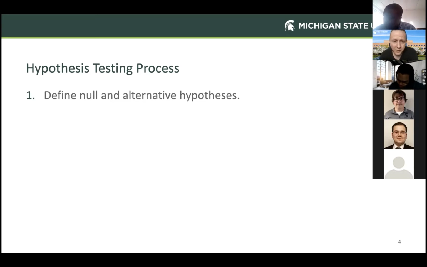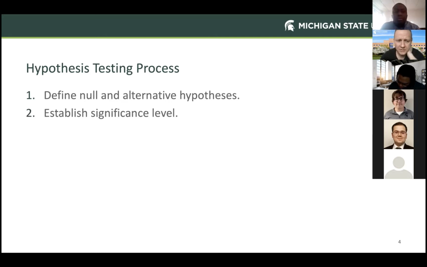And our alternative hypothesis then would be either that those means are different from one another, or that one is expected to be greater than or less than the other. And so once we've established those hypotheses, we'll establish a significance level.